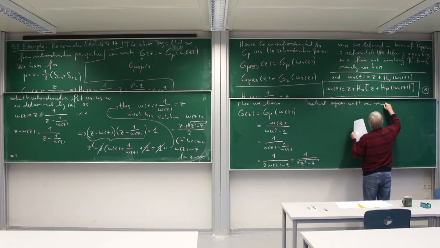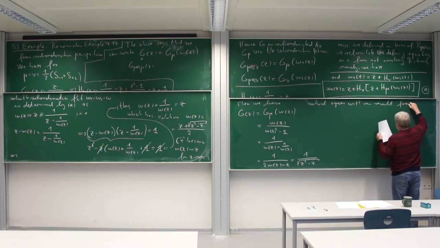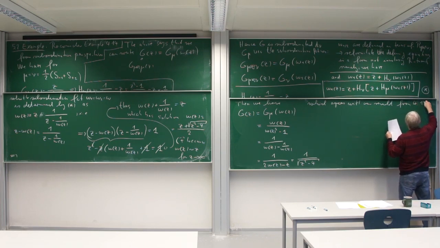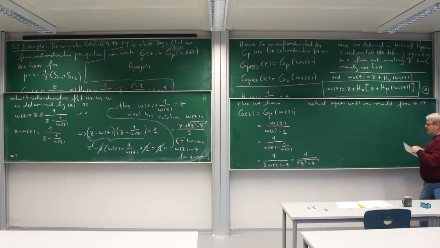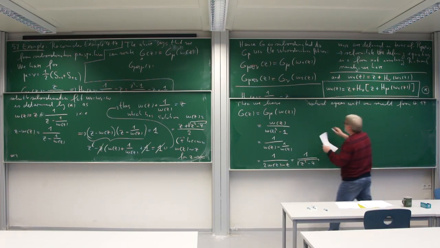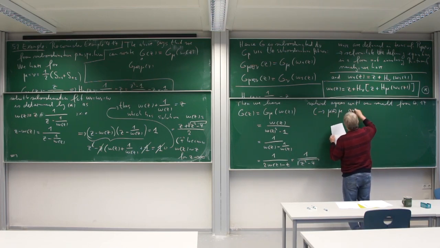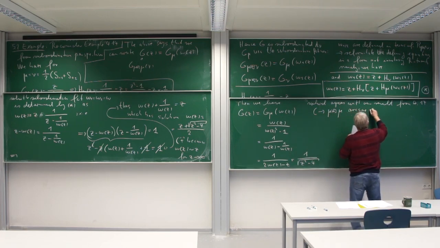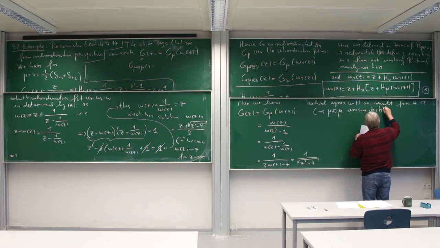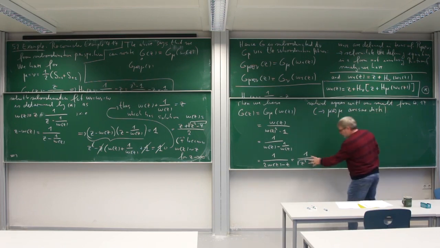With our result from before, which gives, of course, now the arcsine distribution mu, which you get if you apply the Stieltjes inversion formula to this Cauchy transform.